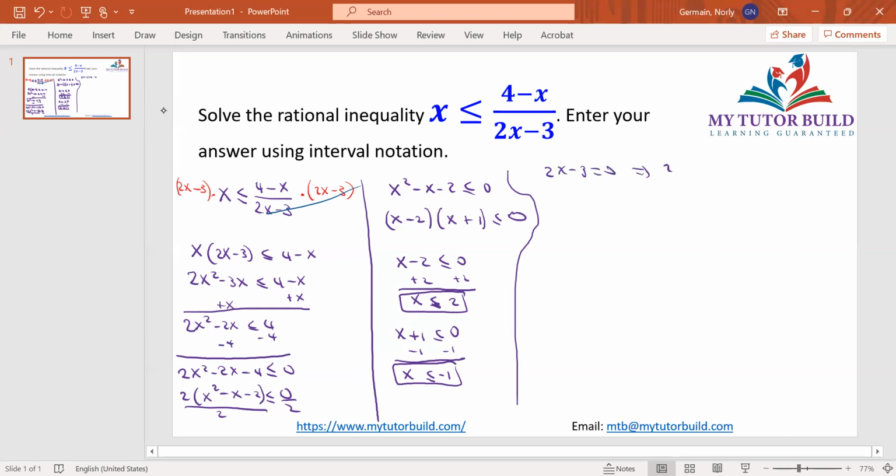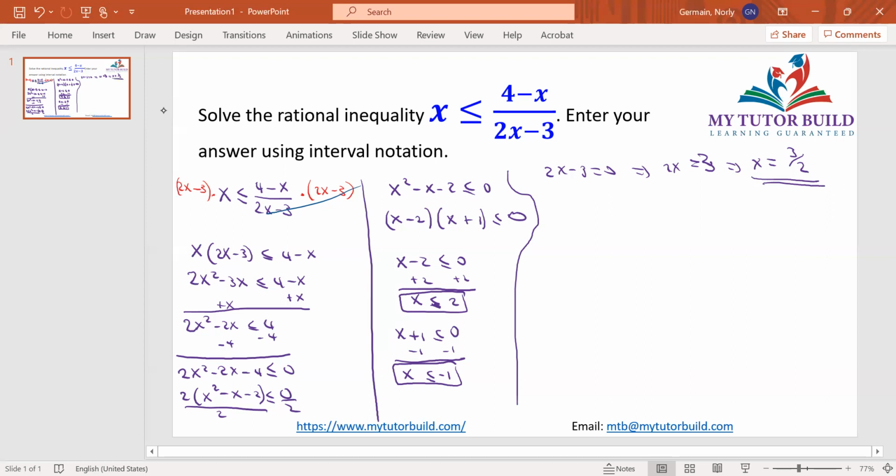You realize it would be 3/2, right? You need to make sure that 3/2 is not one of your solutions, because you can take any numbers except 3/2, because 3/2 would make the denominator equal to 0.